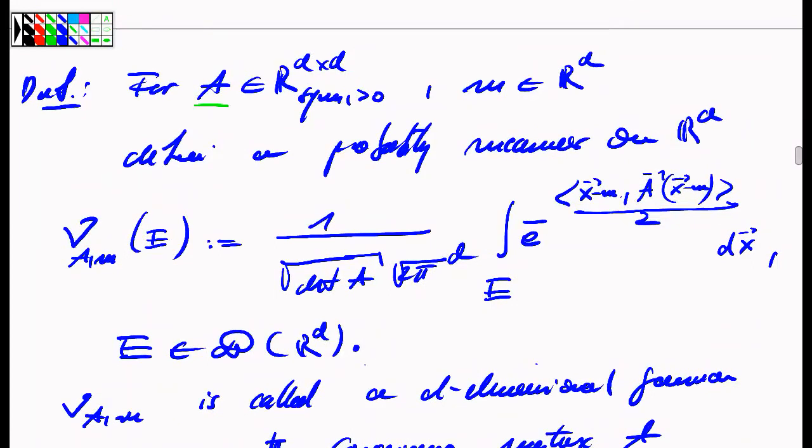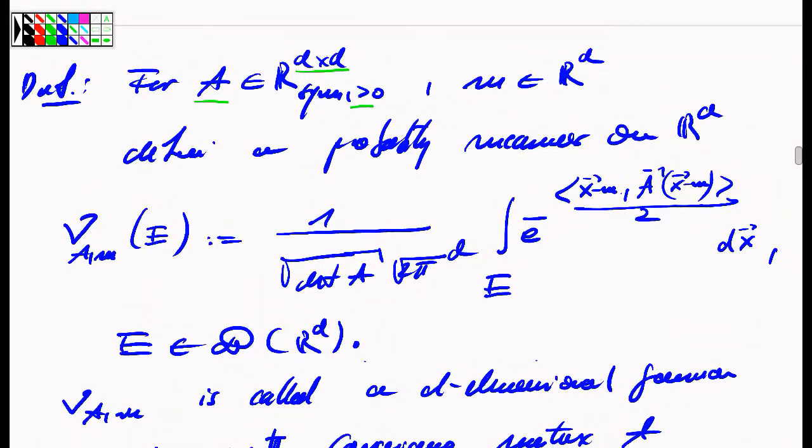Given a matrix A, which we shall call a covariance matrix, a d by d symmetric matrix, which is supposed to be positive definite, and given a vector m of dimension d, which we shall call the expected value.